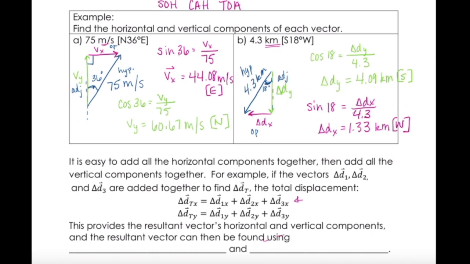Okay, so this provides the resulting vector's horizontal and vertical components, and the resulting vector can be found using the Pythagorean theorem and the trig ratios.